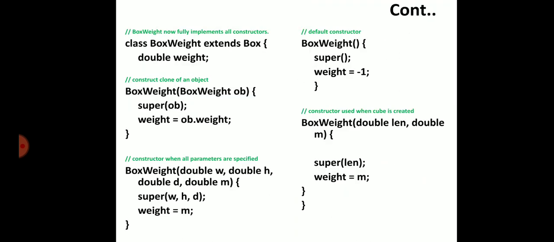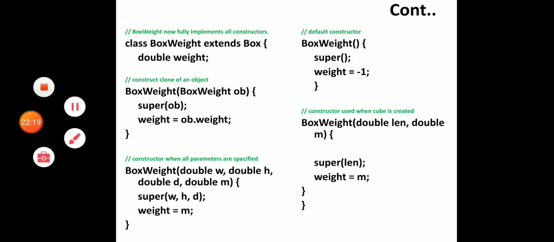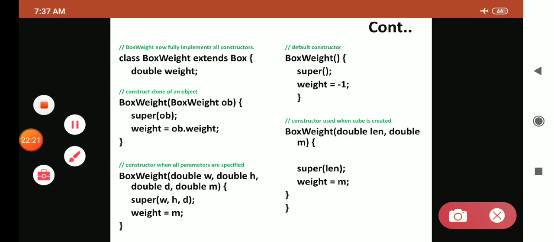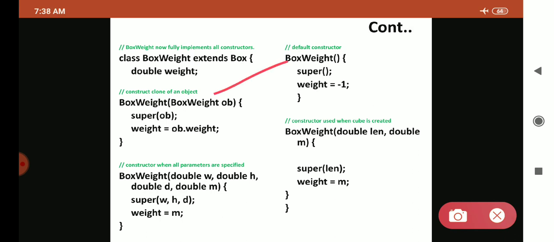Now here even this is the same, BoxWeight extends Box with double weight. So we are already done with this. So here super, but let us see here, in BoxWeight, inside the Box bracket there is an object and it is passed. So super inside brackets there is ob.